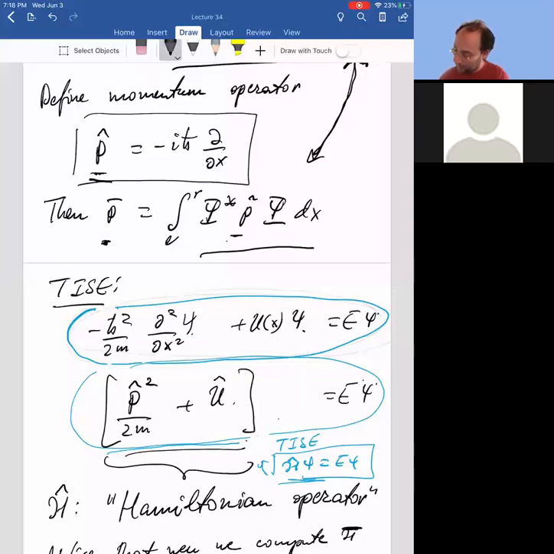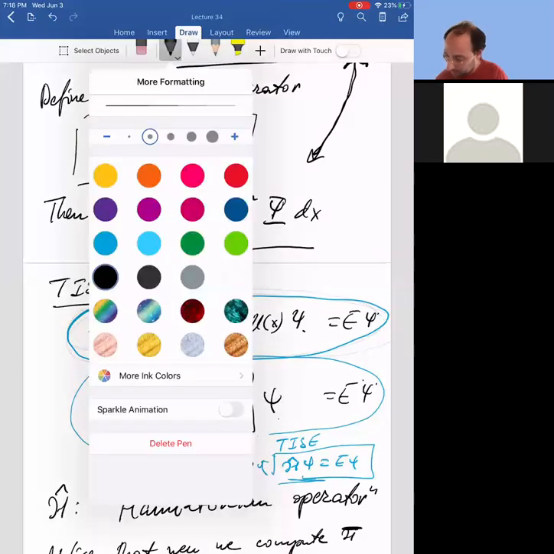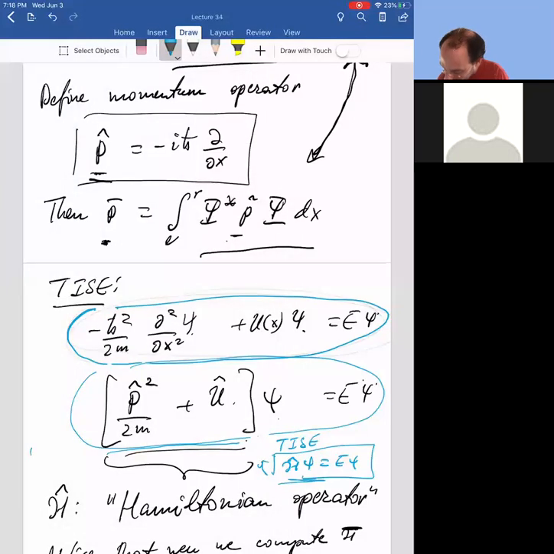What is a potential energy operator? It takes the wave function and multiplies it by the potential energy, just like the position operator just multiplies the function by x. So the potential energy operator hitting the wave function just gives you the potential energy times the wave function, just like the x hat operator multiplies the function by x.